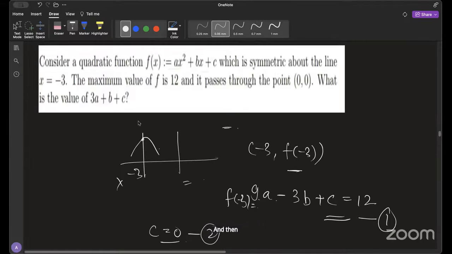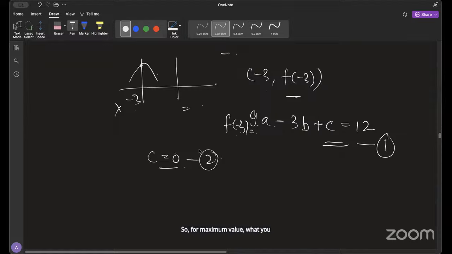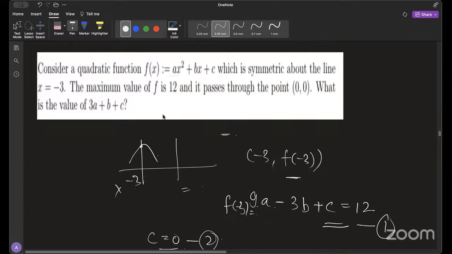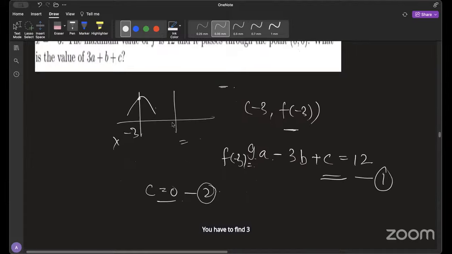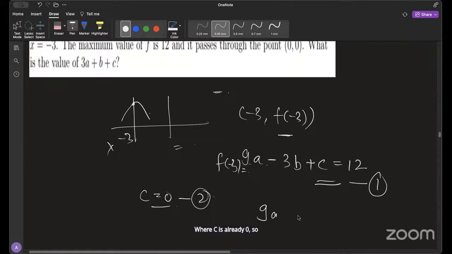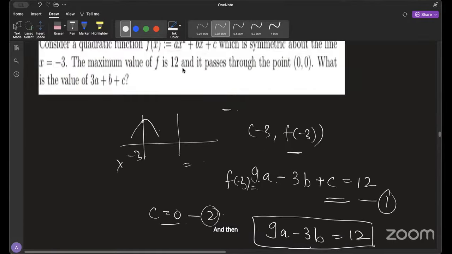And then you've been given that the maximum value of f is 12.